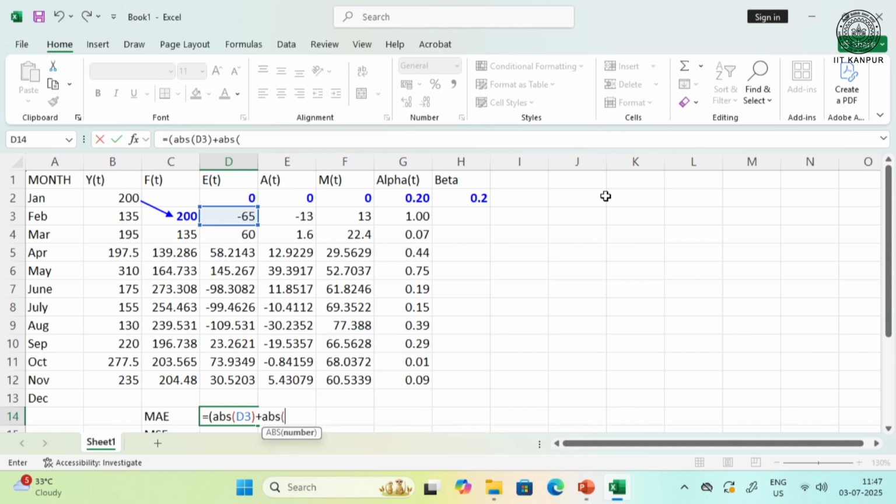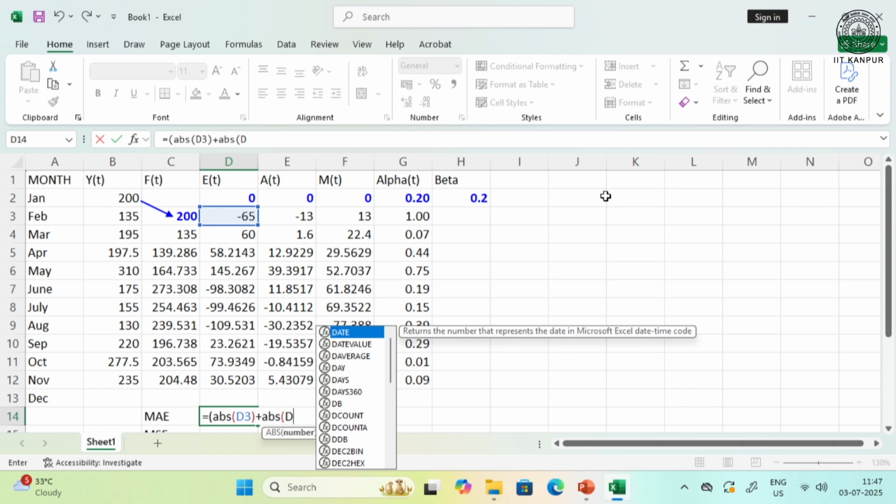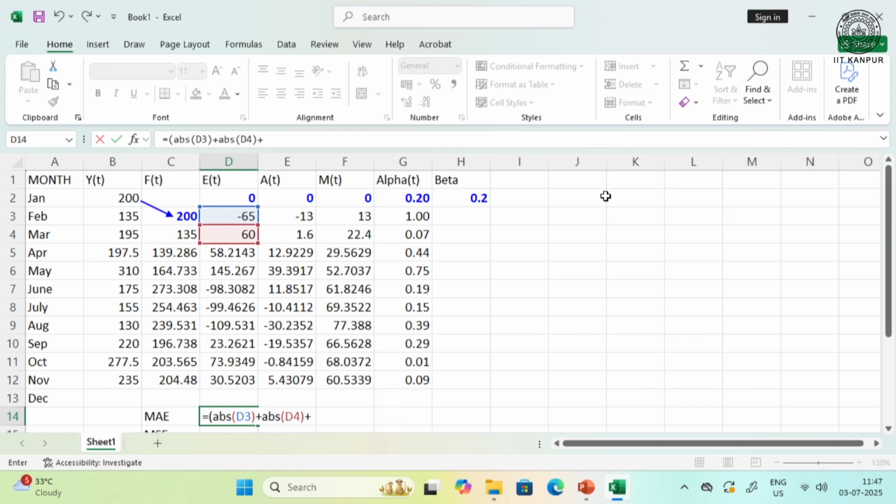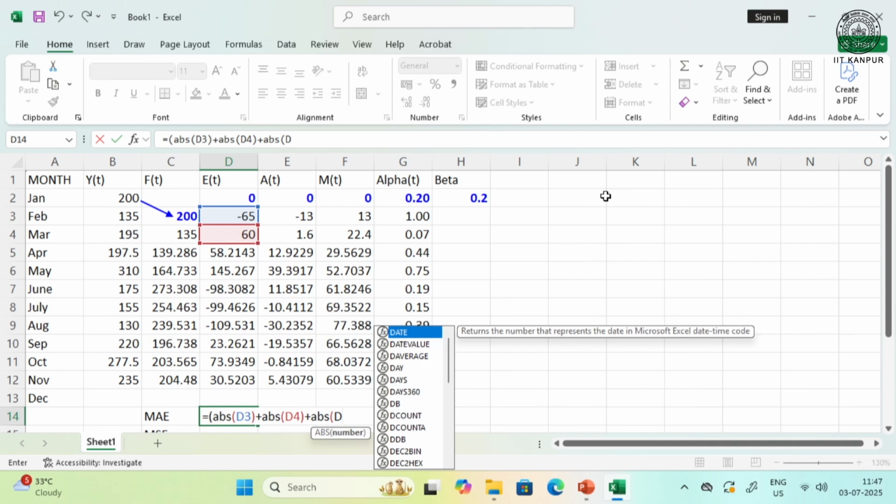Then it is absolute of D4 plus absolute of D5.